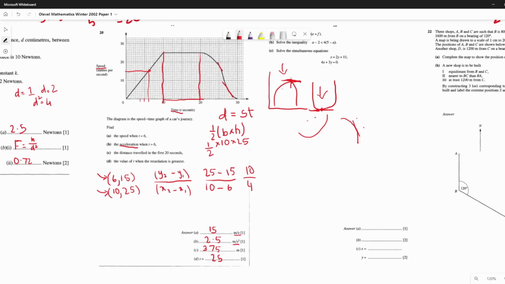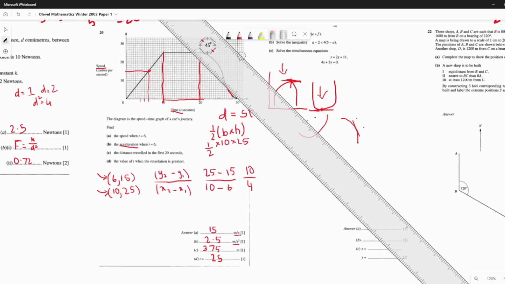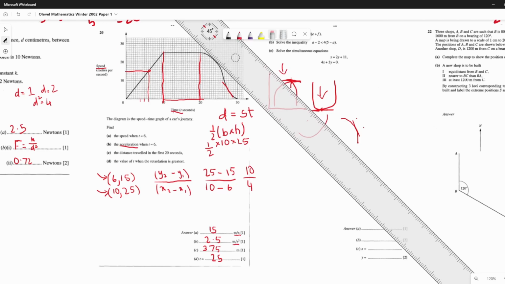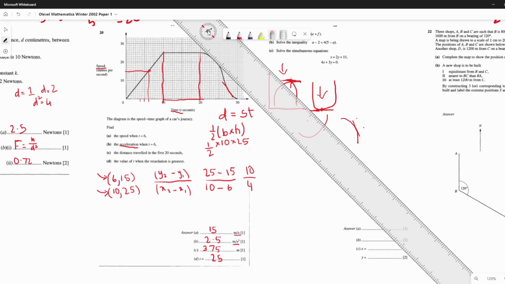So it is roughly this point, and I'm just going to use my ruler to see where that point might really be. If I just place this here, I think the actual turn is around here.